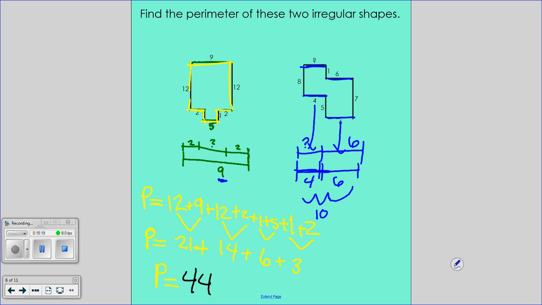What's going to be my missing side length? Ryan? 4. It is parallel and it's equal. Alright, now that I've helped you out with the missing side, if you have not already started to find the perimeter, go ahead and find the perimeter.